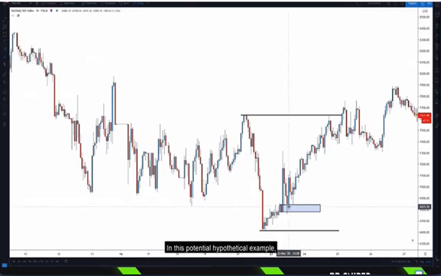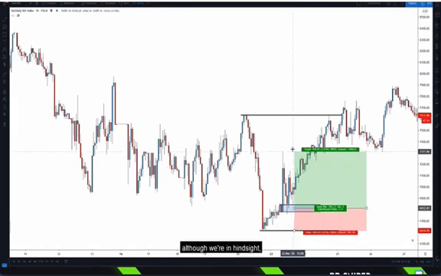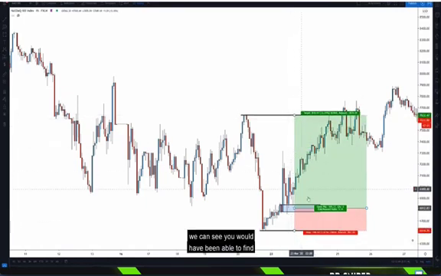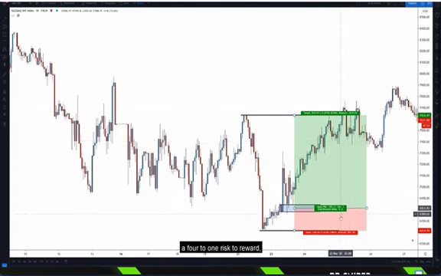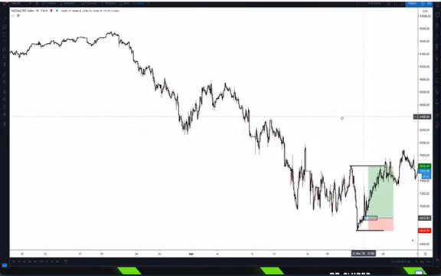In this potential hypothetical example, although in hindsight, we can see you would have been able to find a 4-to-1 risk to reward just basing your idea off of a break of structure.